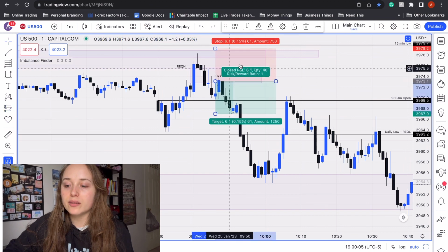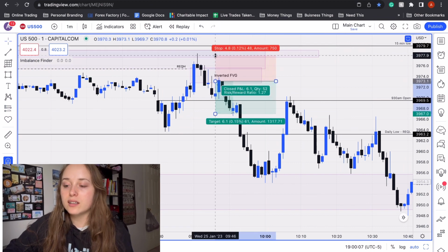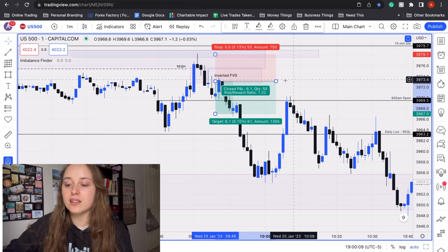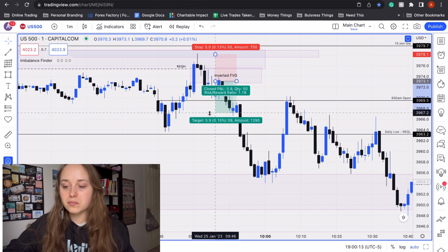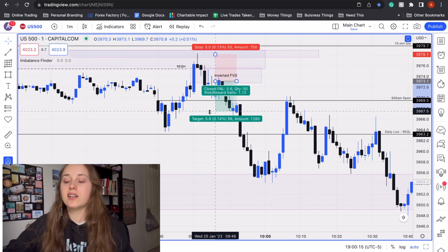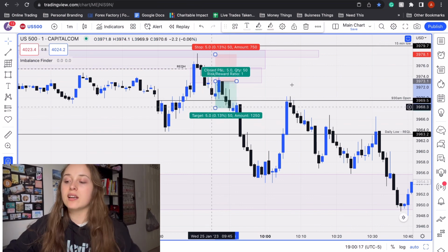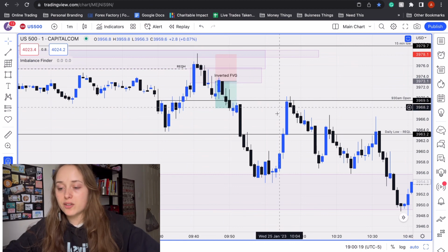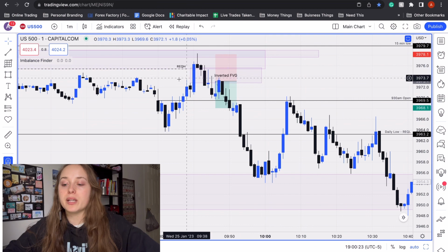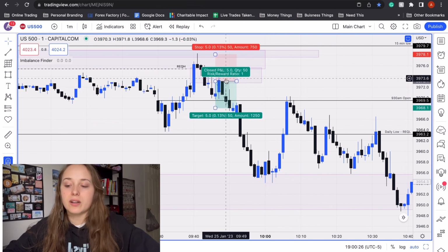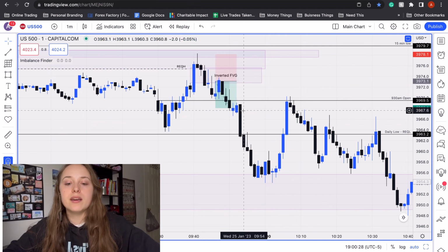I like to only risk about 50 pips, which is 5 points, and then take profit 5 points. And I mean, look at that. Boom. First trade done. My second trade was actually, so this was the inverted fair value gap, and then I was waiting for another fair value gap, and then boom, look at what we got.